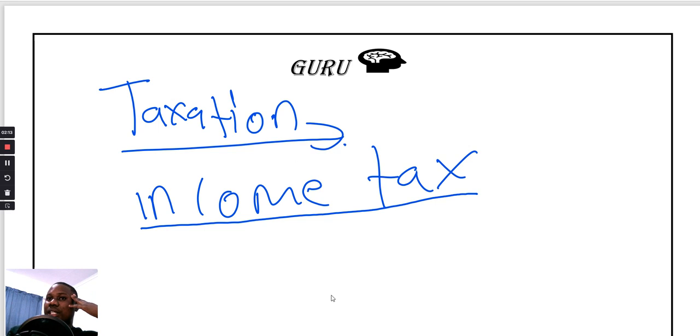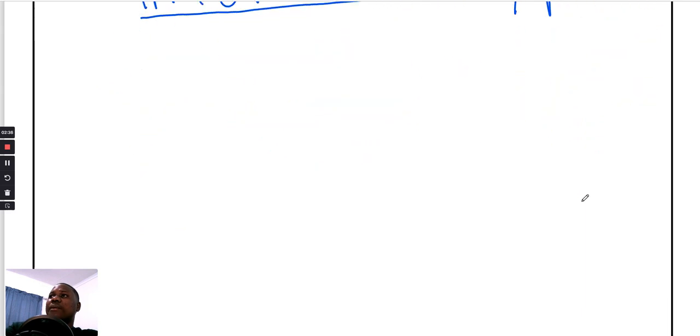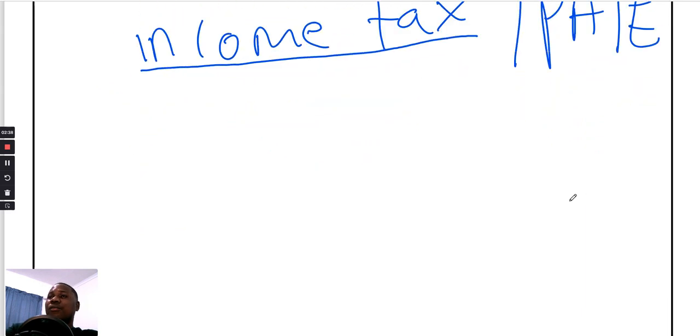Sometimes we call it PAYE, Pay As You Earn. Every employee who's working must contribute to this. Before we calculate this, I just want to go through some steps which I believe are going to be helpful on how to arrive at the final answer of the income tax.